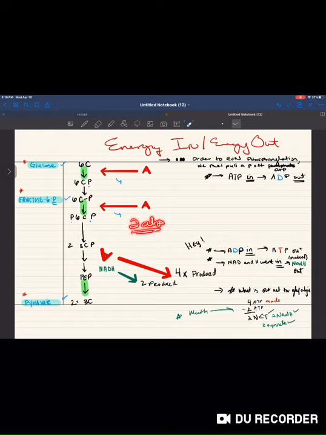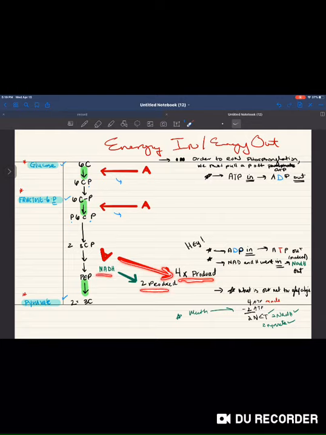Now, through a series of steps, by the time we get to this molecule, this 3-carbon phosphate, we finally produce 4 molecules of ATP. Also, we produce 2 molecules of NADH.